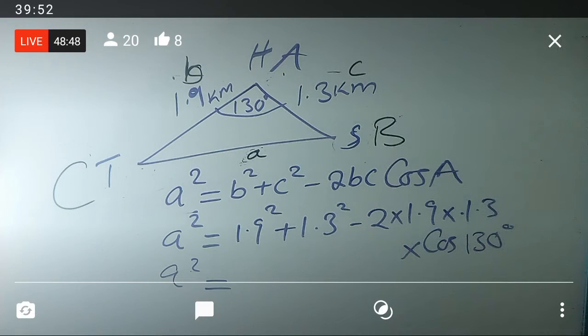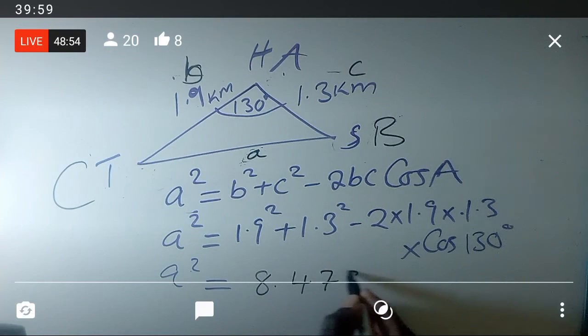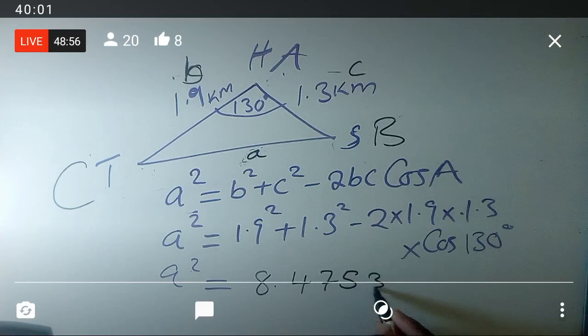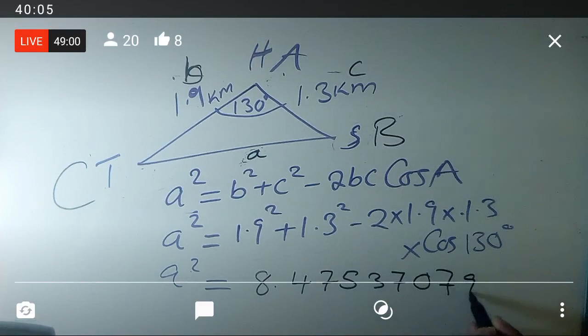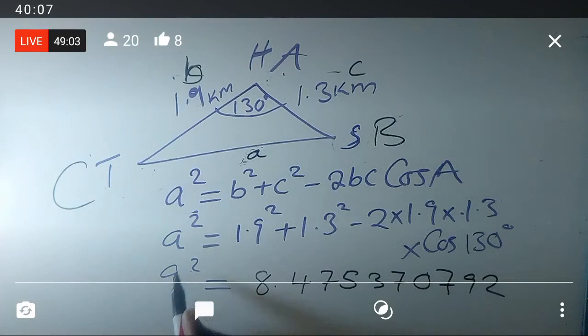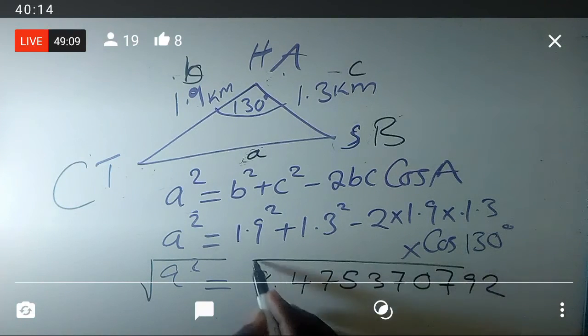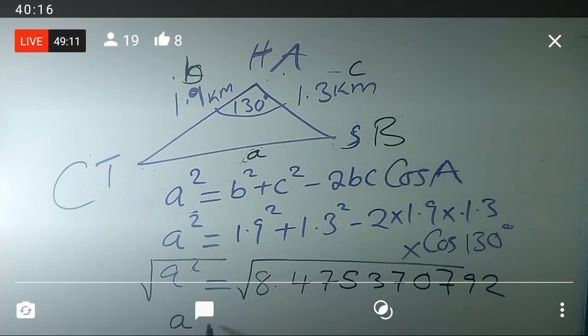So here I found 8.475370792. Because of this power 2, we need to find the square root to get rid of it, such that A will be equal to 2.911249009 kilometers.